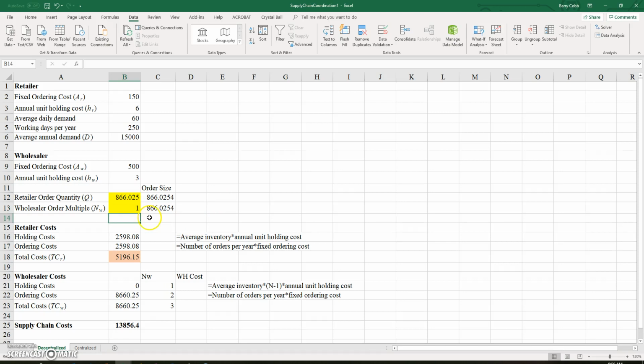Once we insert 1 for the wholesaler order multiple, we note that the total costs for the wholesaler are $86.60. And then we examine a multiple of 2. We can see that when we increase the multiple to 2, the total cost for the wholesaler decreased. So 2 is a better solution than 1 for the wholesaler order multiple.